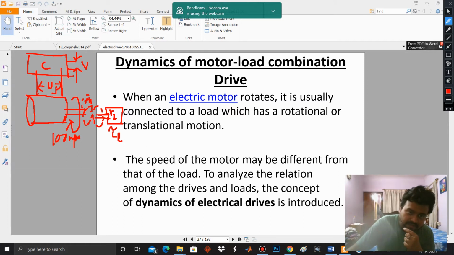It is not necessarily that the load is directly coupled to the shaft, but it is indirectly coupled to the shaft by means of a gear. Let us say it is 100 rpm. The number of teeth here is N1, this is N2, so the teeth ratio a is equal to N1 by N2.